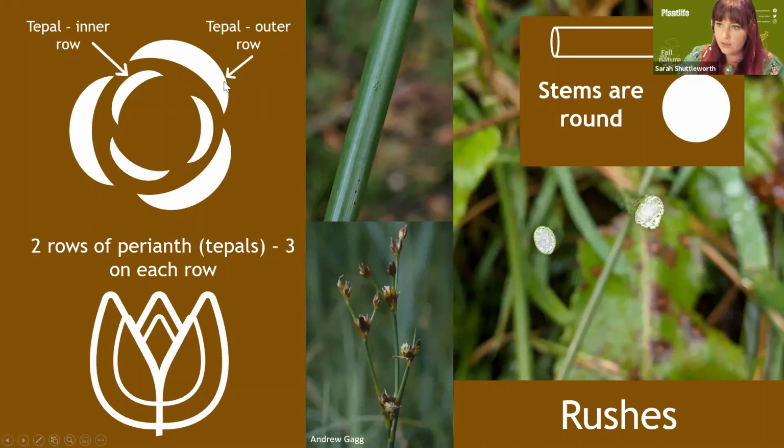Now, for anyone who hasn't heard the term tepal, it's a sort of hybrid word where there's no clear distinction between a sepal and a petal. When you think of something like a buttercup, you've got your bright yellow petals. Most people are quite familiar with the term petal and what that means.